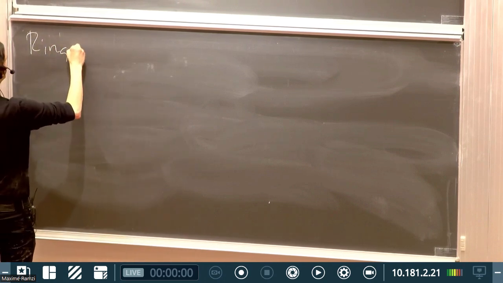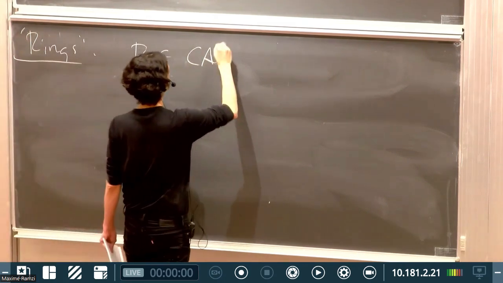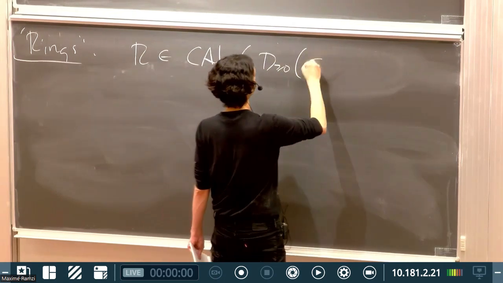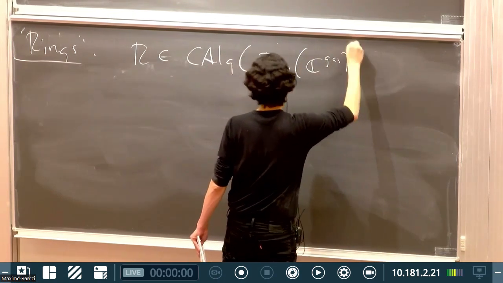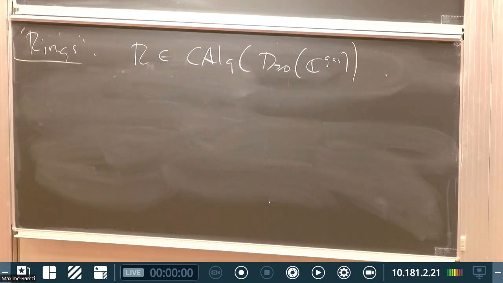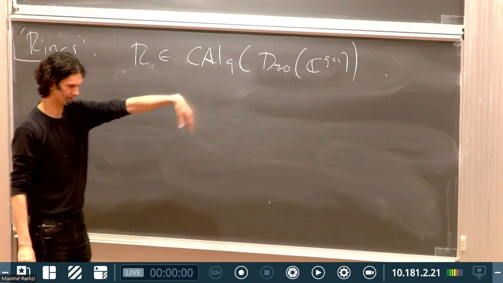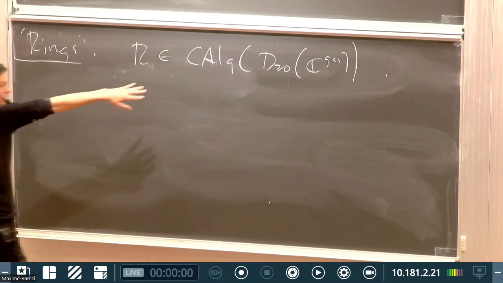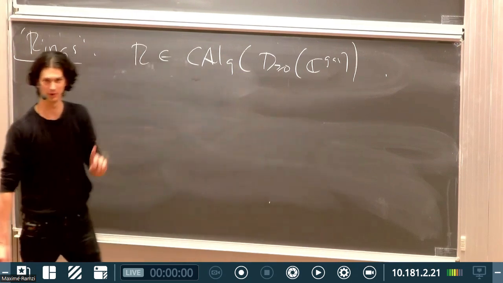Our rings are going to be commutative algebra objects in the connective derived category of gaseous C vector spaces. It's going to be very important for us to allow derived phenomena here for the theory. It turns out that in the case of usual complex analysis you calculate and find everything lives in degree 0, but for setting up the theory, it's extremely important to pass to the derived world, and I'll explain why.